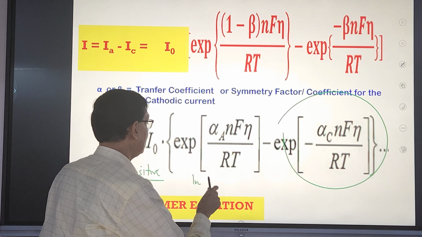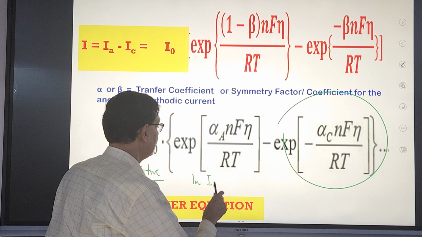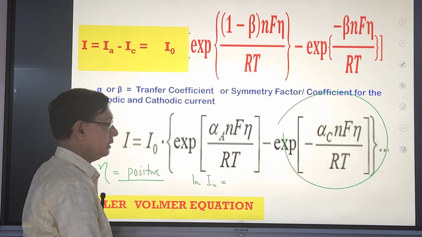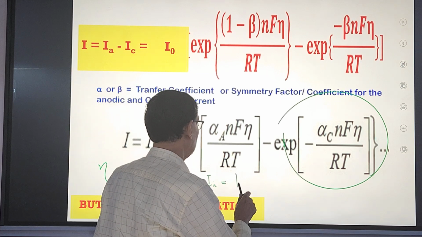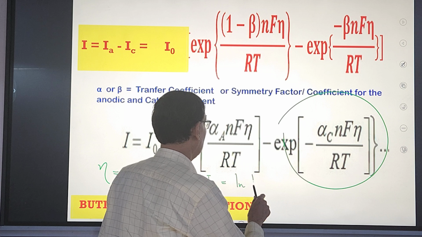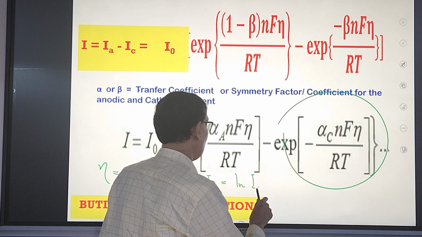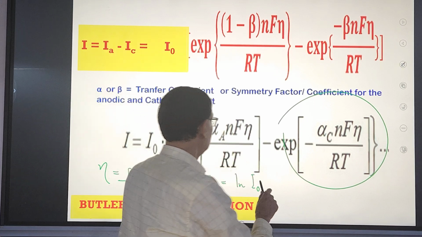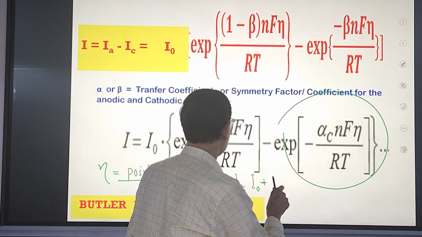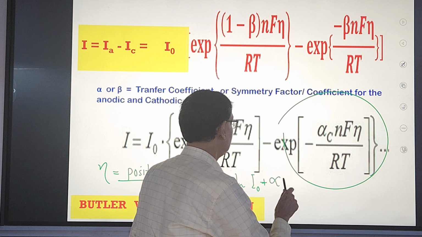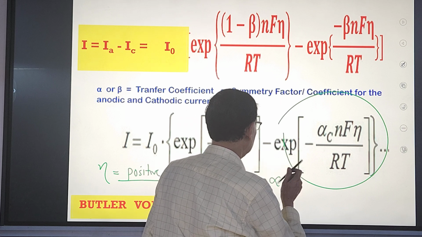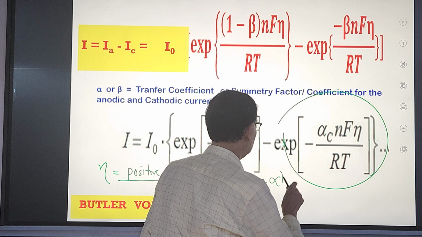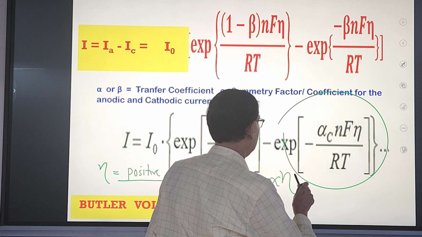And if I take the logarithm, log of I is equal to, you can use log 10 to 2.303 log of I, plus alpha, and you can eliminate this. We are interested in eta and f.